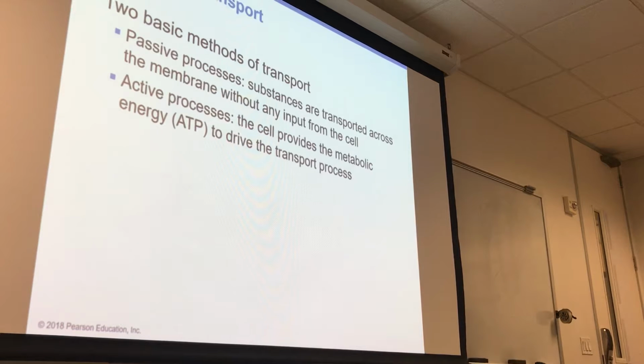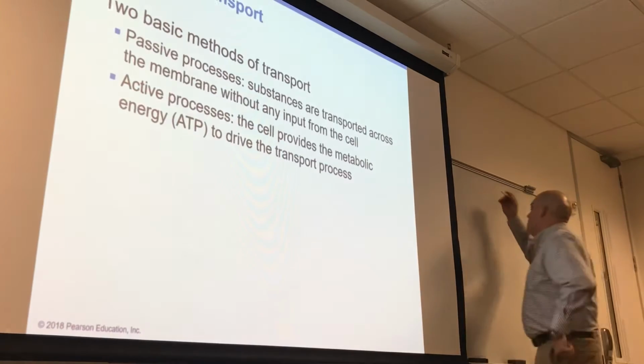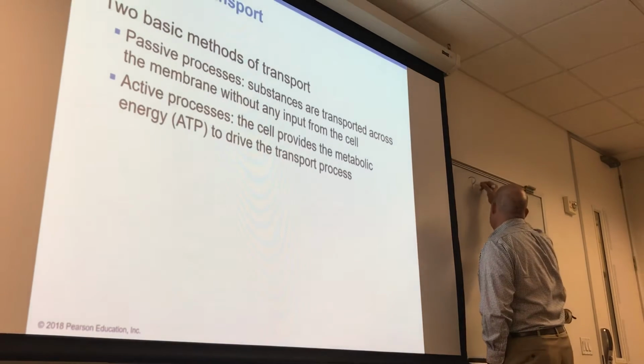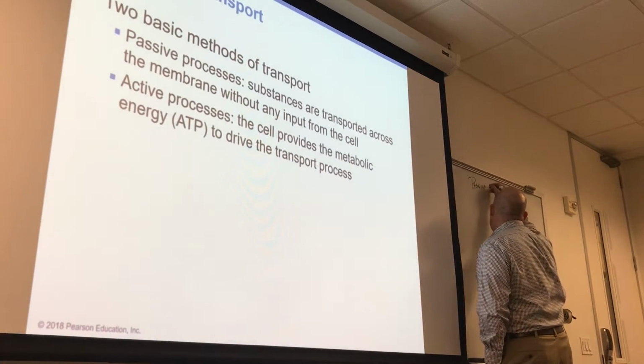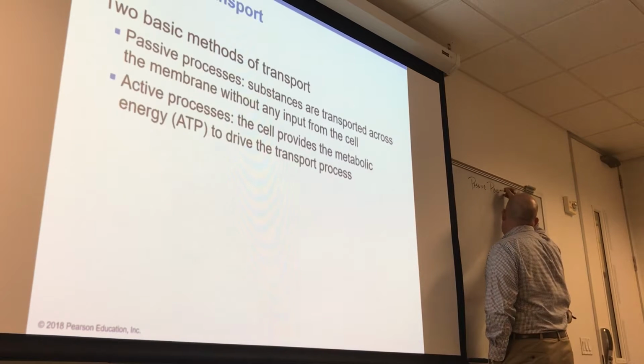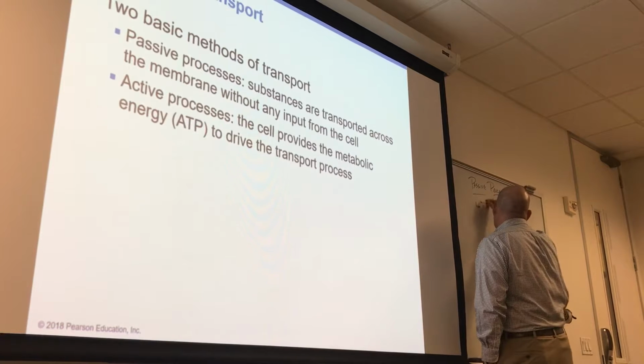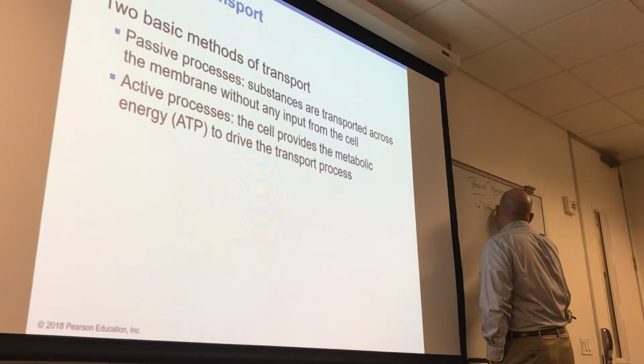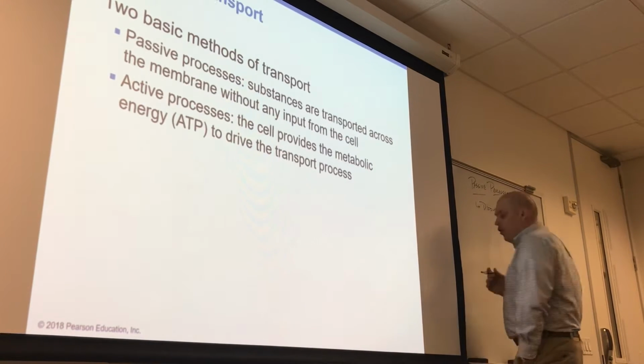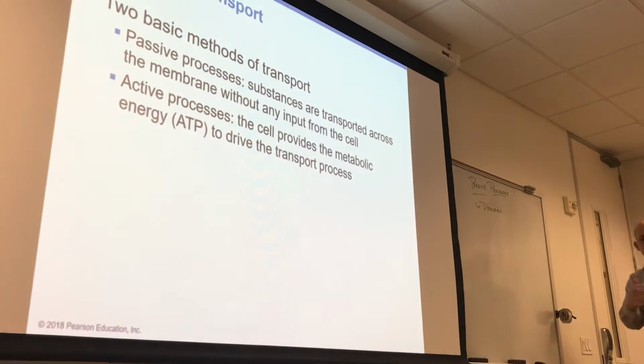And when we think about our passive processes, they come in a variety of types. So our passive processes include diffusion and all of its varieties. We're going to talk about 3 varieties of diffusion: simple diffusion, facilitated diffusion, and receptor-mediated diffusion.